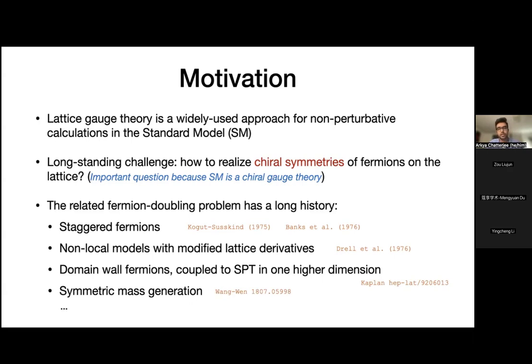There's many other proposals for trying to address the problem of realizing chiral fermions and chiral symmetries of such fermions in a lattice model. And so our work addresses this question in a very simplified setting.